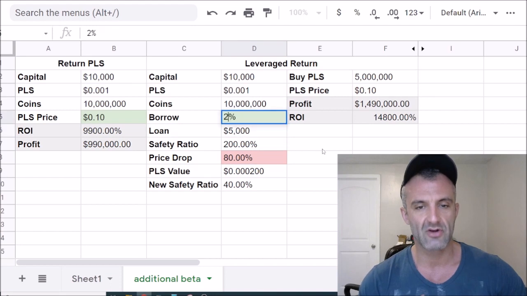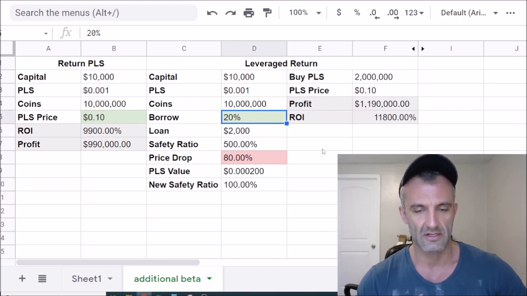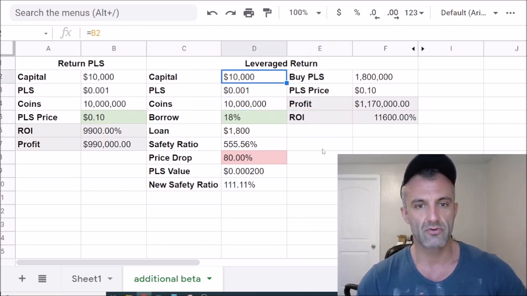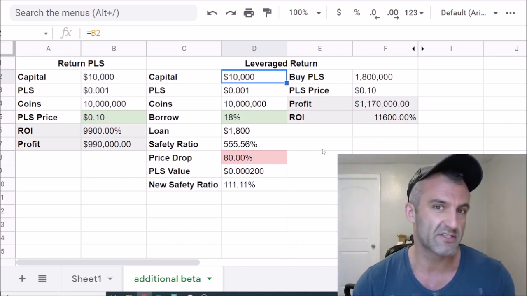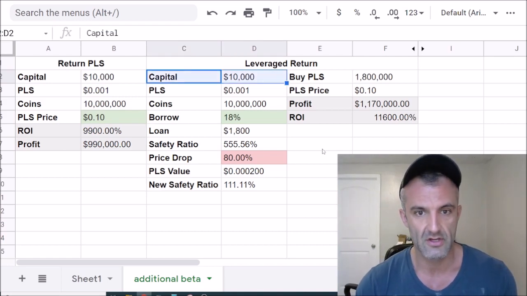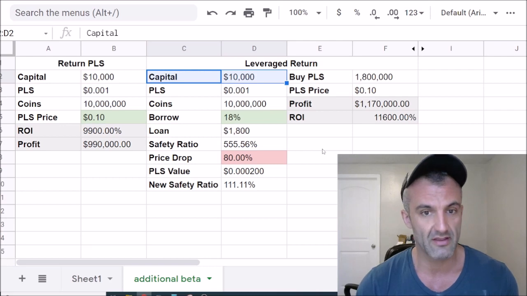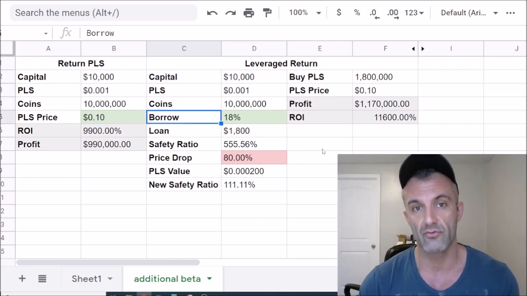About an 80% drop. What if we change this to 15%? Or let's say we can do 18%. If we borrowed 18%, in this example we're reducing risk, but it's still going to increase return slightly. We're still doing exactly the same thing with 10,000 bucks, but now we're just more concerned about the risk.